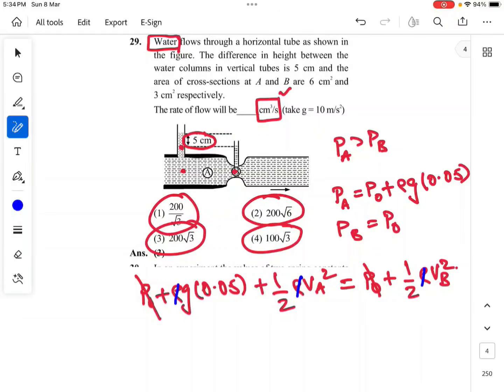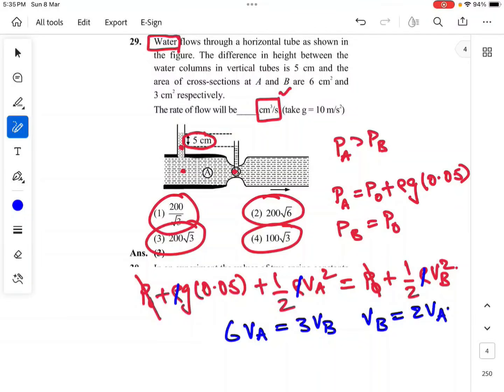And one more equation is there, the equation of continuity, that is the area at A, 6, times velocity at A is equal to area at B, that is 3 centimeters square, times velocity at B. So you can write VB is equal to 2 VA.